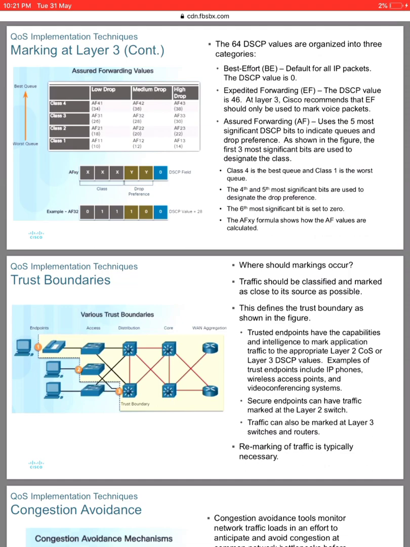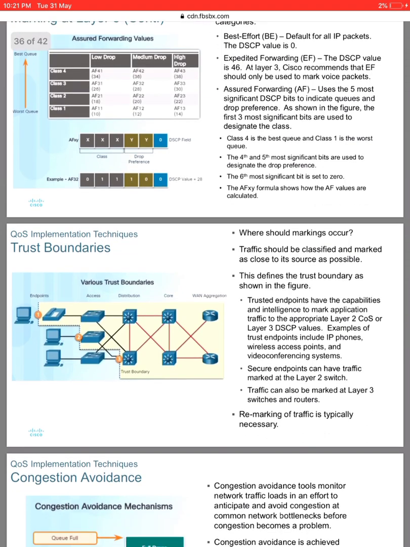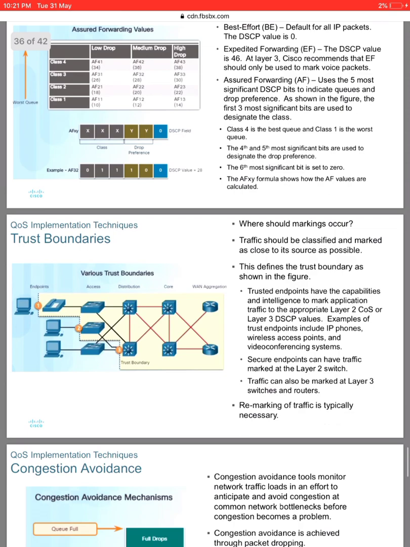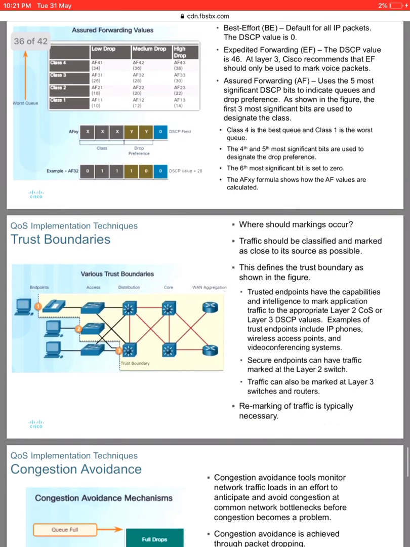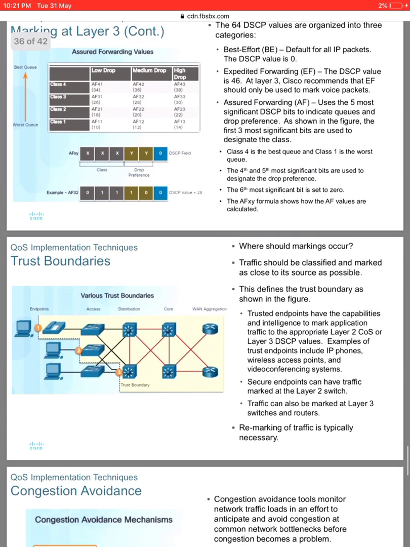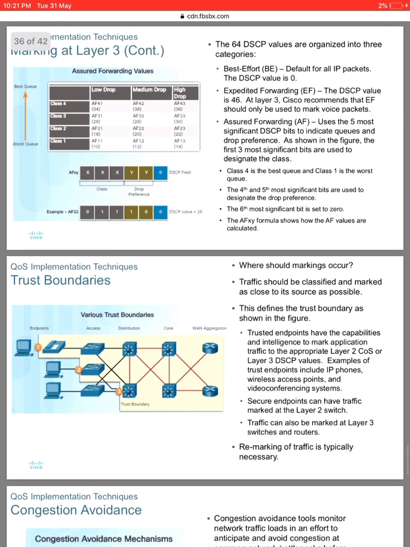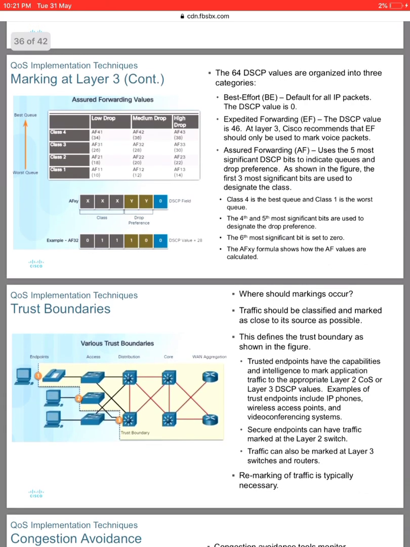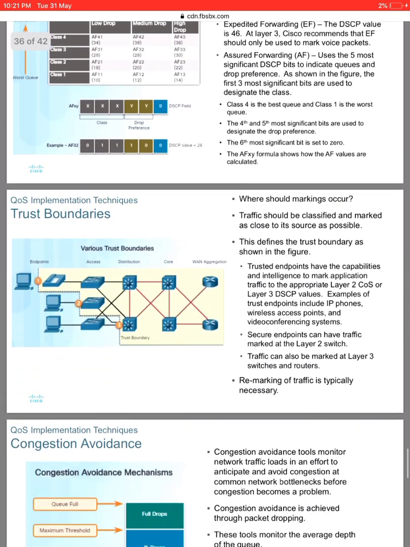The 6th most significant bit is set to 0. The AFxy formula shows how the AF values are calculated. So class 4 has the biggest space for our data. And for the 4th and 5th bits, there is a possibility that packets will be dropped, so not all of our data will get through.